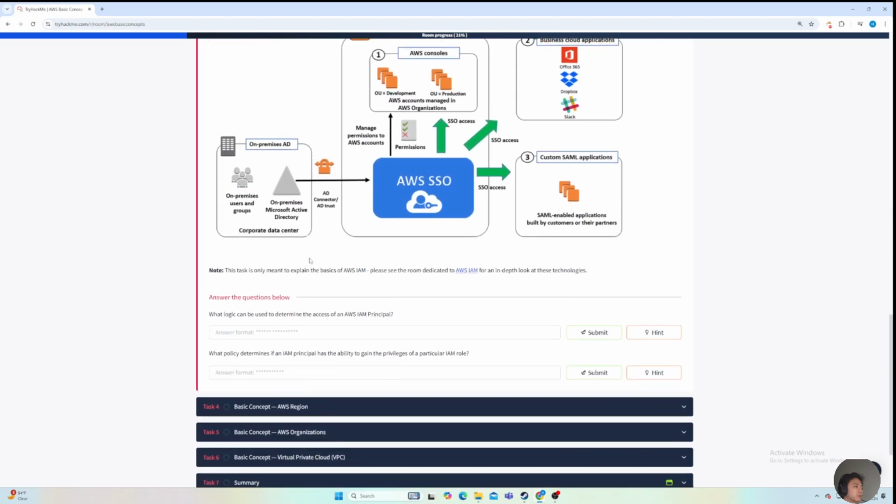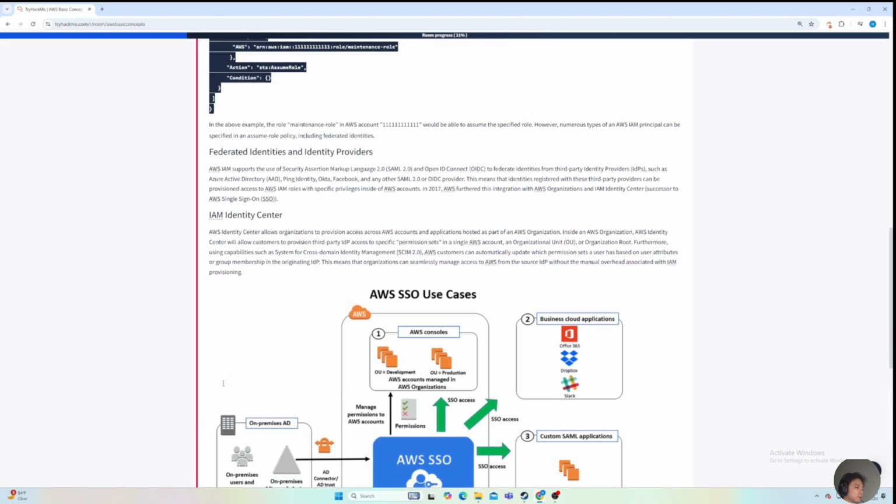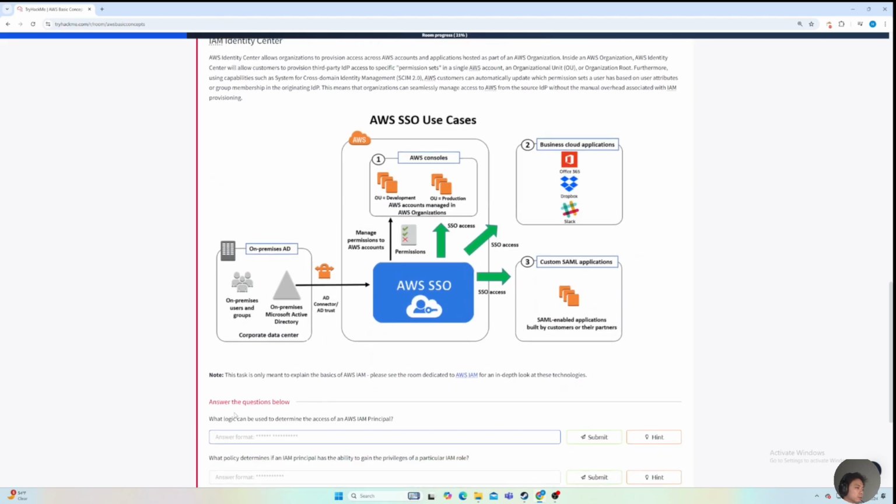What logic can be used to determine the access of an AWS principal?